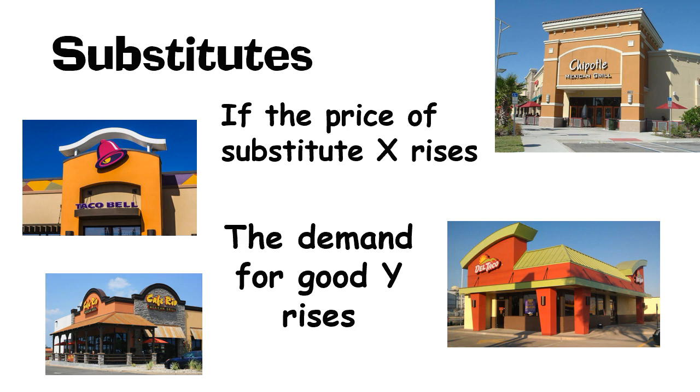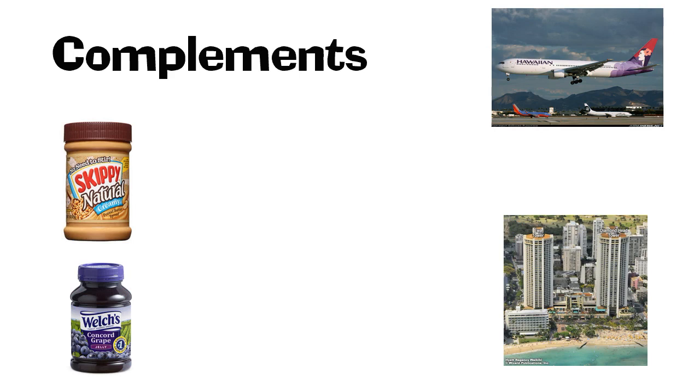That's how I know something is a substitute. If the price of one goes up, the demand for the other goes up. If United Airlines raises their fares, people will switch over and fly Southwest. If one gas station raises the price of gas, people will go across the street and buy cheaper gas. Got that? Hopefully.